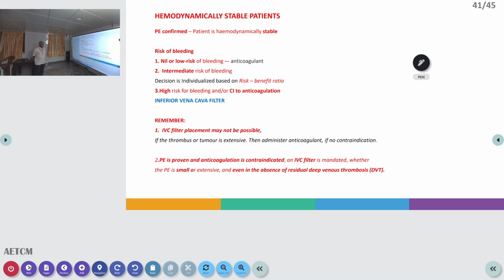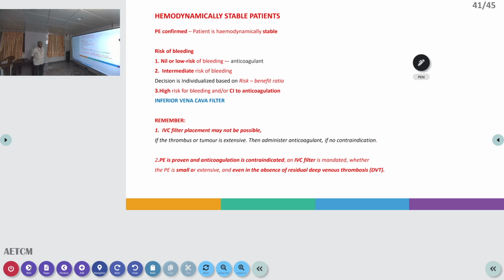If pulmonary embolism is proven and anticoagulation is contraindicated, an IVC filter is mandated, whether the pulmonary embolism is small or extensive, even in the absence of residual deep venous thrombosis. Remember, underline this: even if you cannot pick up any deep vein thrombosis by ultrasound methods, we still have to go for the anticoagulation.